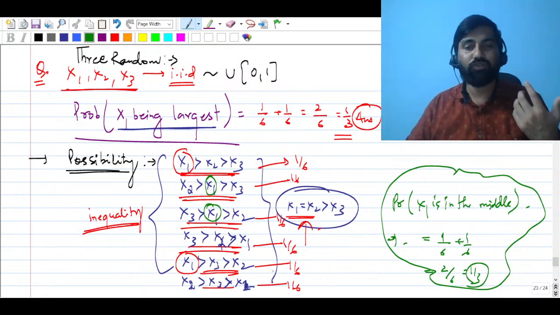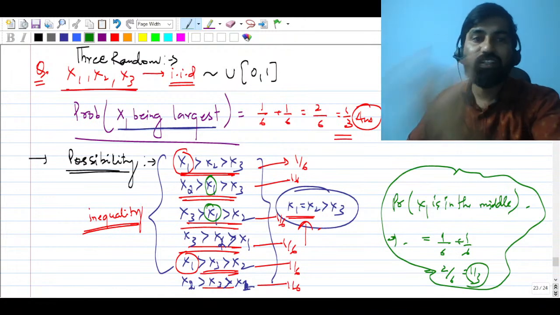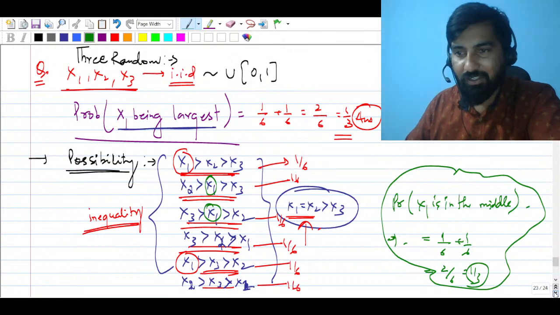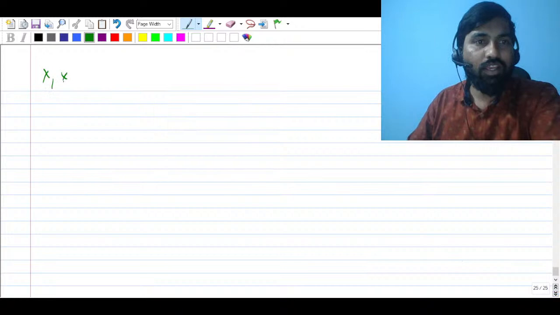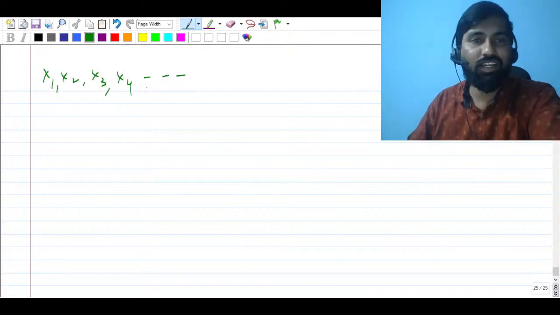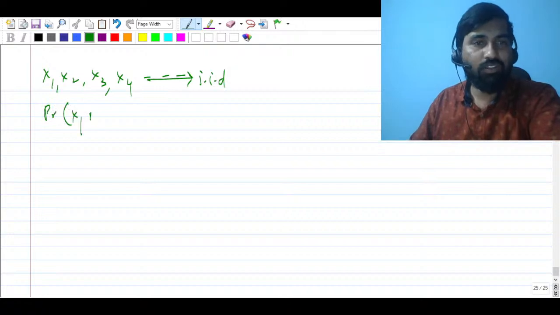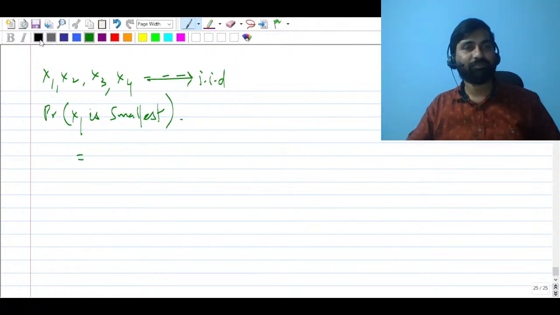If they ask what is the probability that x1 is the smallest, take that also. Suppose there are x1, x2, x3, x4. They are IID and they are asking the probability that x1 is smallest among all. What can be the probability here?